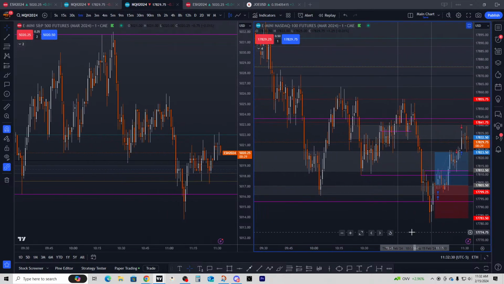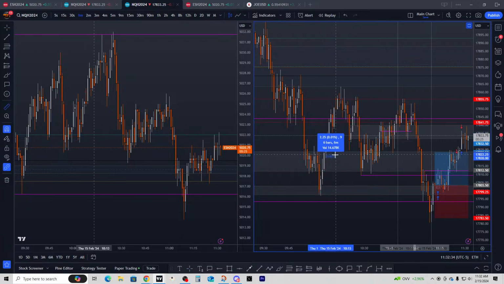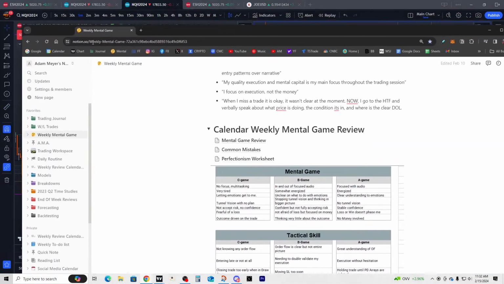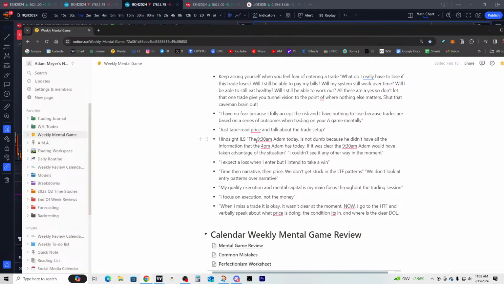When your trade plays out, it'll play out. I missed this trade here, but if you go to the injecting logics, I have the hindsight. The 9:30 Adam today is not done because he didn't have all the information the 4 p.m. Adam has today. If it was clear at 9:30, Adam would have taken advantage of the situation. I couldn't see it any other way in the moment.